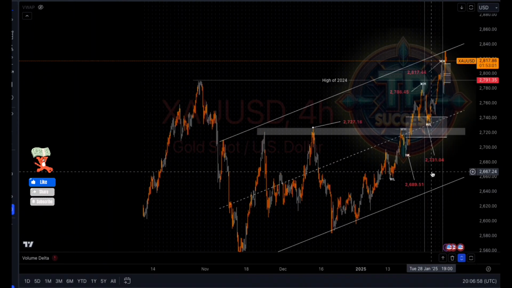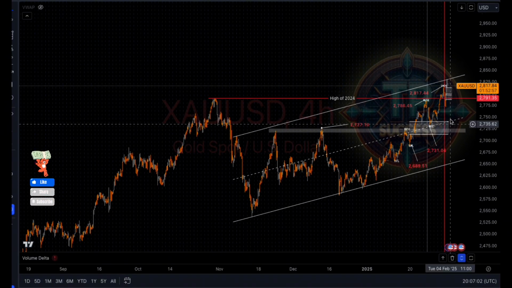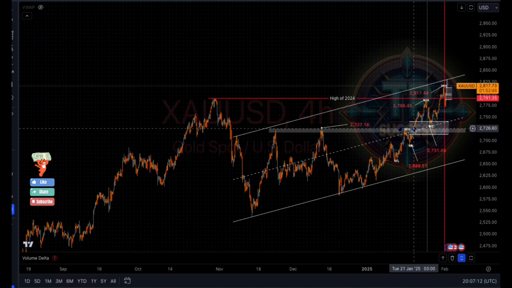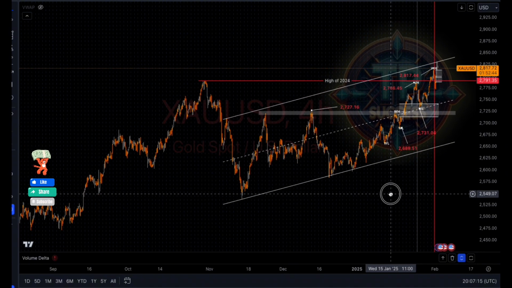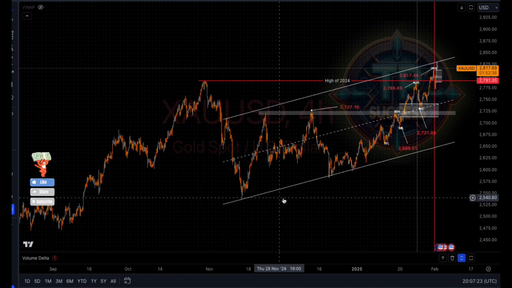Bearing in mind also, even if price comes down to this level down here, it doesn't change the overall macro direction of market, because market is still going up. The only way that we will know that gold is actually breaking all the way back down, I highly doubt it, is if it takes out this low over here, which I highly doubt.